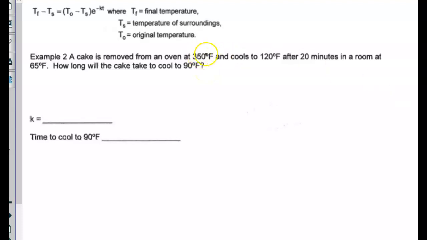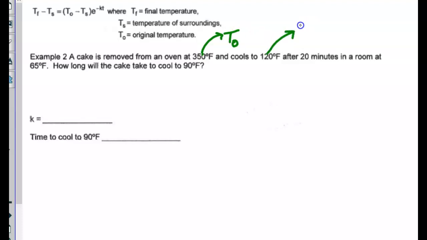So, what are we starting with? Can you label some stuff for me here? 350 is what? What is 350, guys? It's the original temperature. Thank you. Okay, it cools to this.